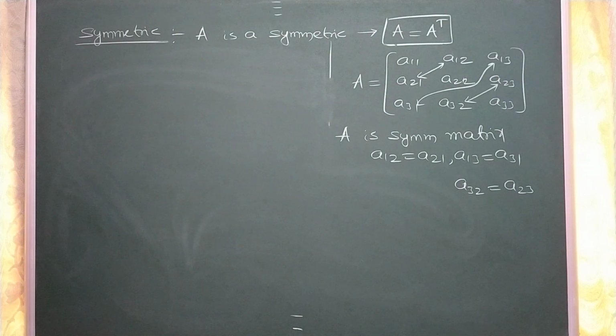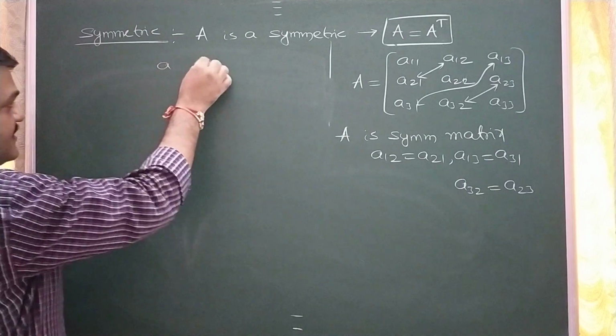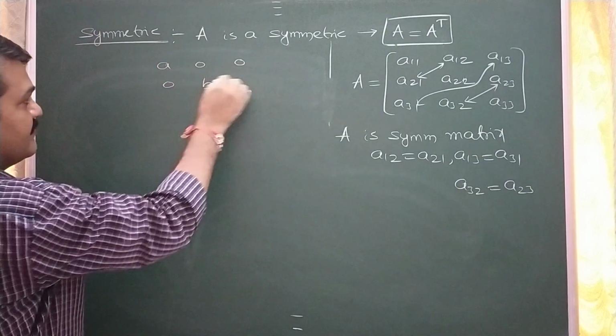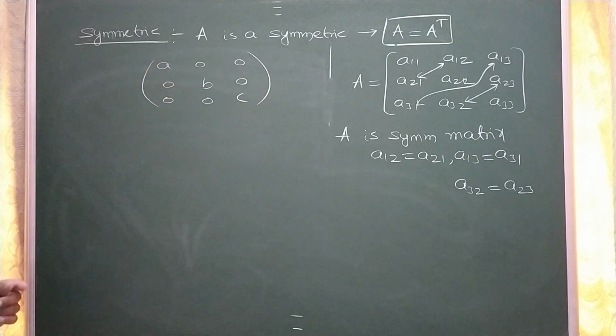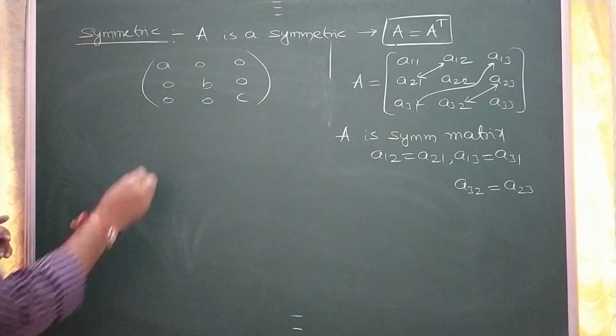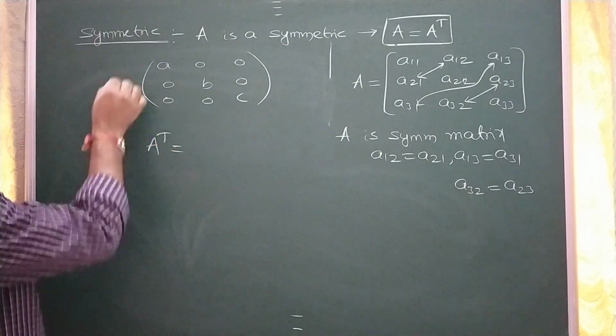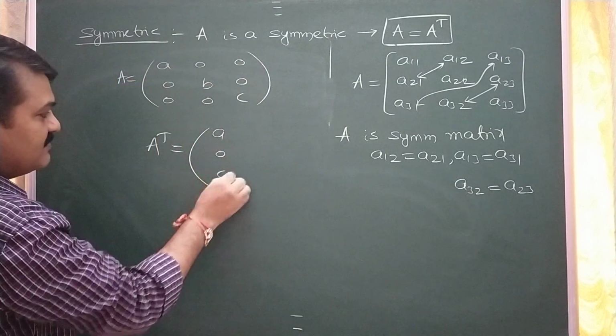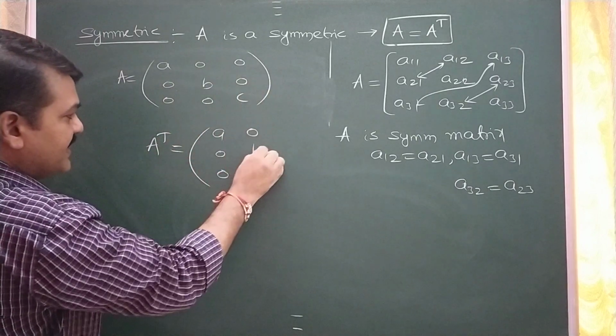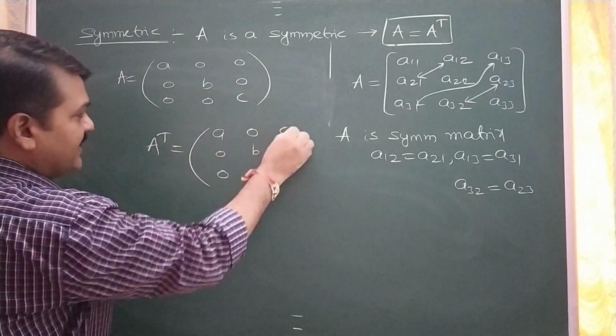And what about a diagonal matrix? If you take a diagonal matrix, is it going to be symmetric? So I will take like this. Is it going to be symmetric? Yes. So you transpose this. First row written as first column, second row written as second column, third row written as third column.